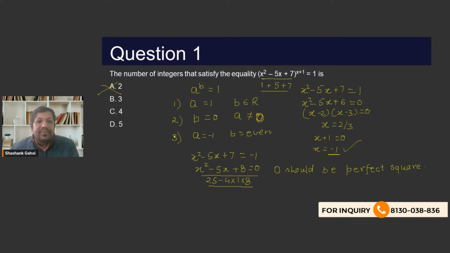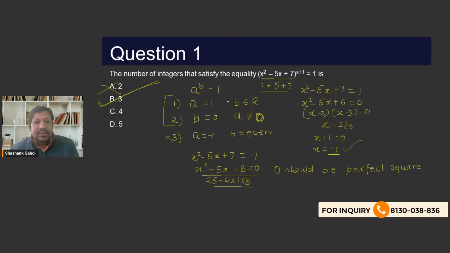So I am going to get my solution from the first two statements only. So my answer to this question is going to be option B. That is, there are only three possible solutions: one is -1, second is 2, third one is 3. So that's how we are going to approach this question.